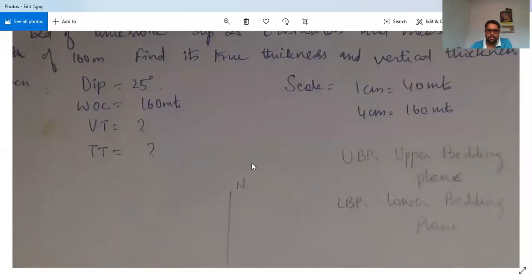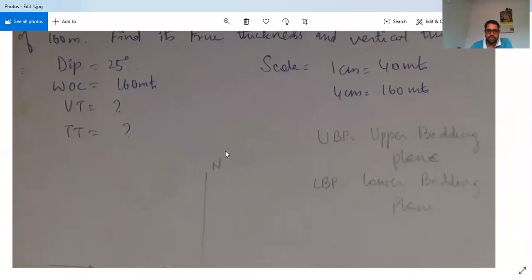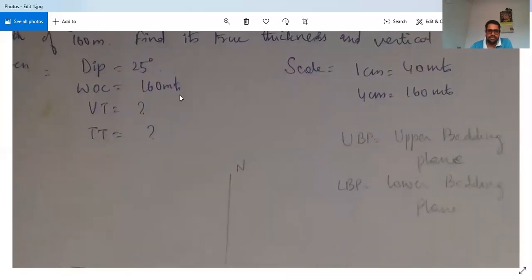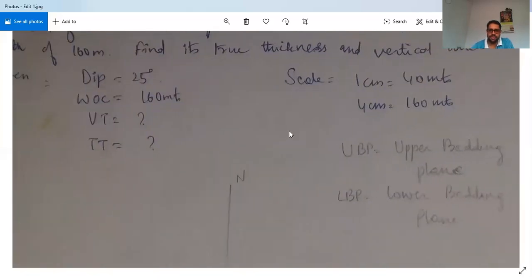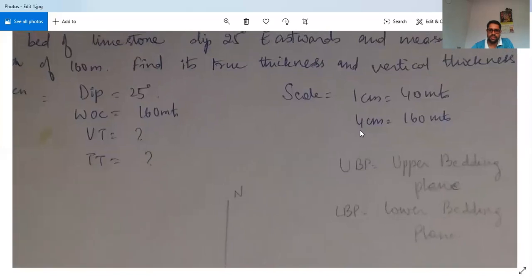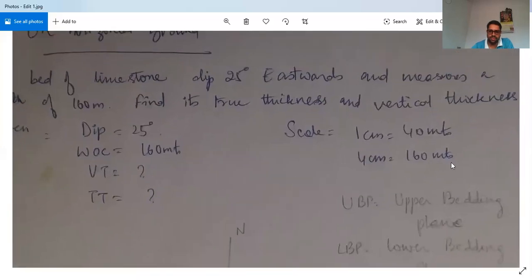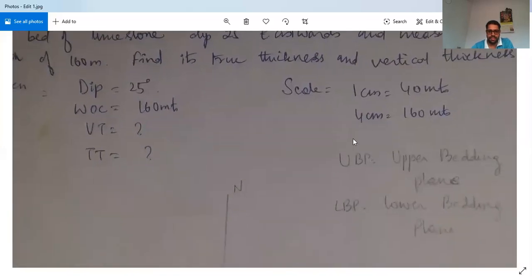Now how to solve this problem? The width is given as 160 meters, which cannot be drawn on paper as such, so we convert it using a scale of 1 centimeter equals 40 meters. So 4 centimeters equals 160 meters.